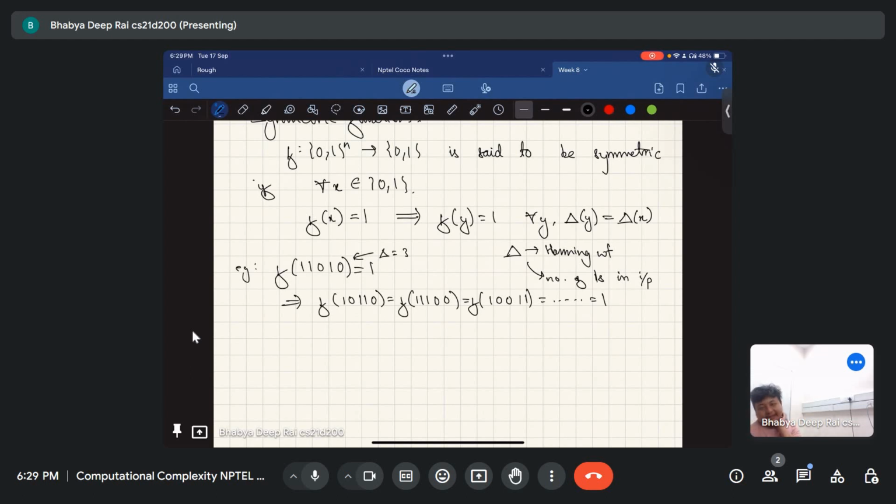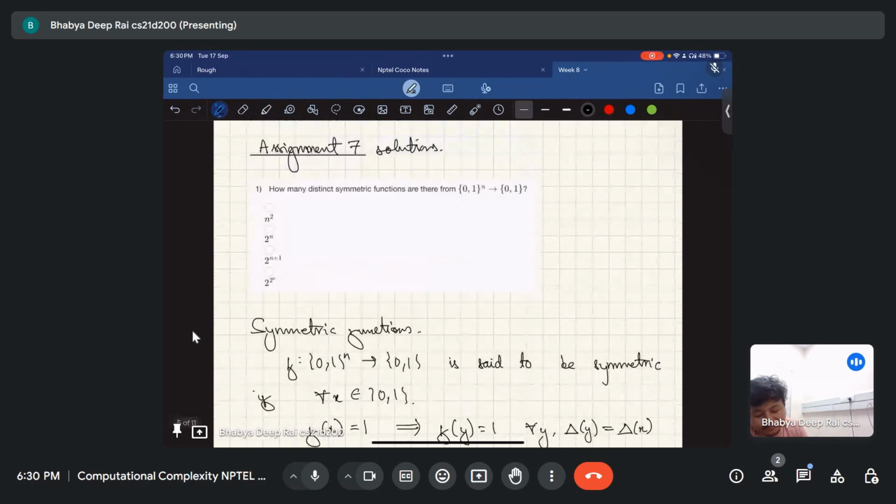Such a function is called symmetric. Now the question is how many distinct symmetric functions are there from {0,1}^n to {0,1}.